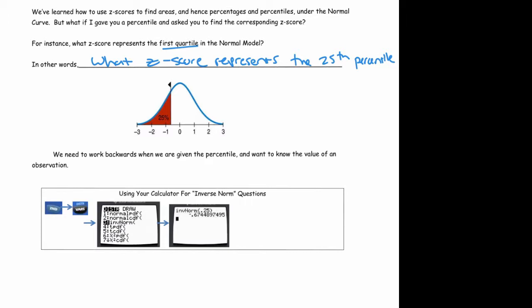The input for inverse norm is just one number, which is the percentile you're interested in. So you input the percentile, and then the calculator will output the z-score corresponding to that percentile.